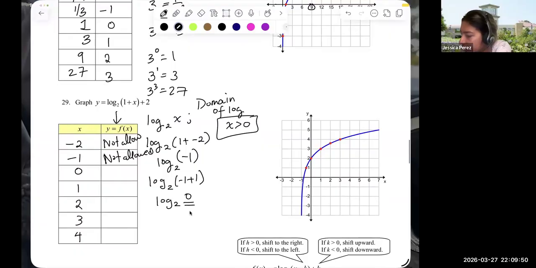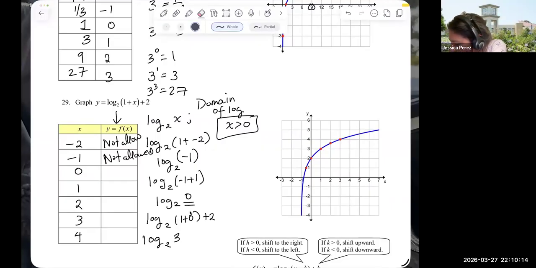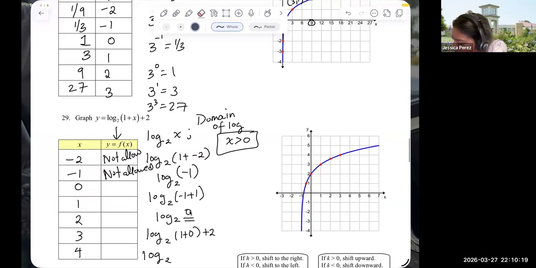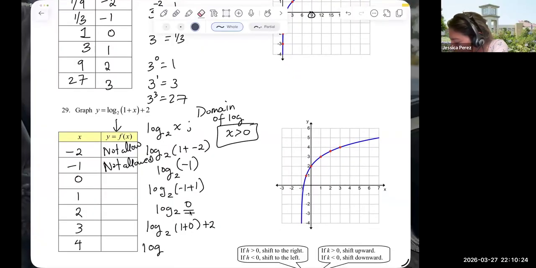So if that's greater than 0, when we plug in 0, we have log base 2 of 1 plus 0, plus 2. Now that's going to be log base 2 of 1.